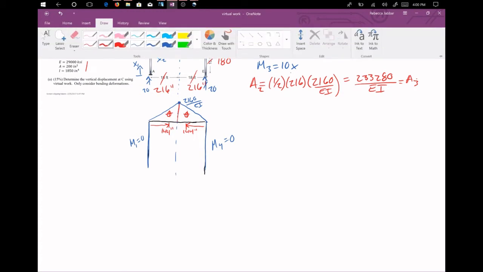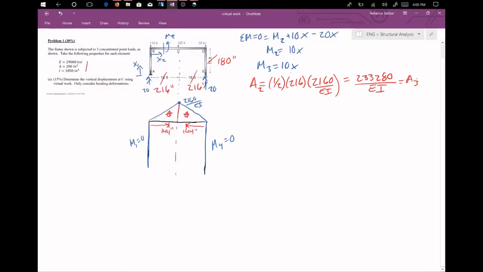And then our next step will be to apply the virtual load, and we want our virtual load to go in the direction that we're interested in seeing displacement. Like I showed how the bending would look, kind of going down. So we know that if this is C right here, our arrow, our unitless point load, is going to look something like that.